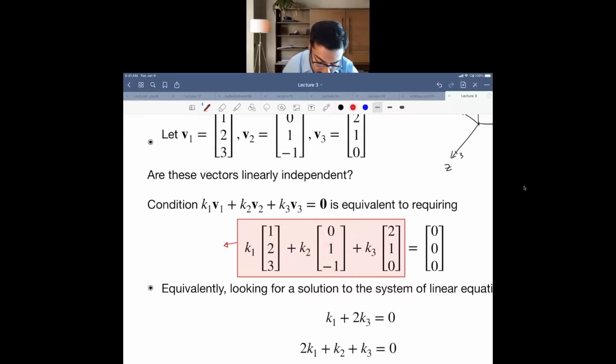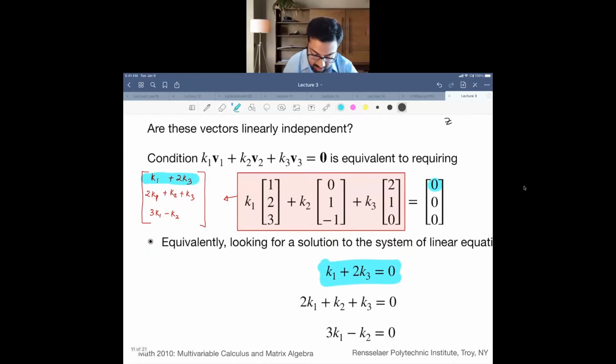And when you do that, you will get k1, nothing for k2, and then 2k3. That will be your first row, first column entry. Next, second row, first column, it will be 2k1 plus k2 plus k3. And the last one will be 3k1 minus k2 plus 0, nothing there. So these should equal zeros, right? So this has to equal 0. That's giving you this equation.